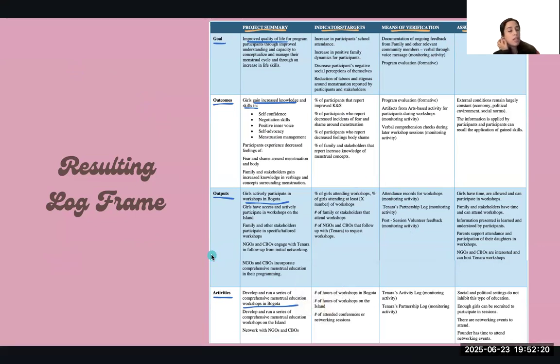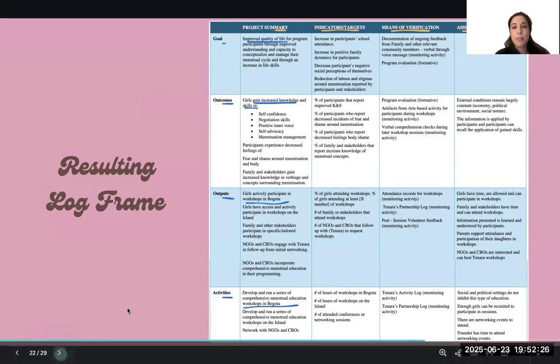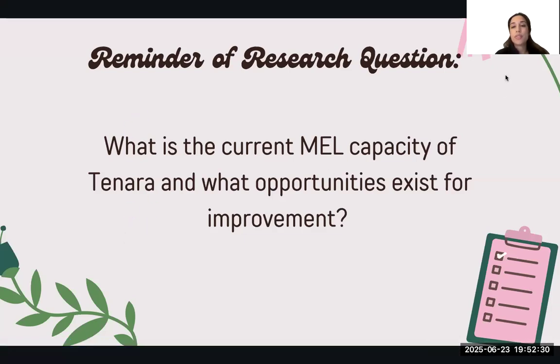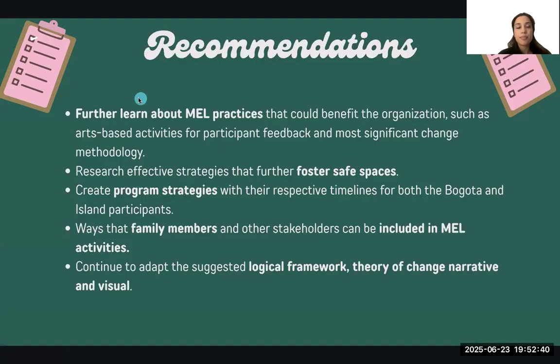It's a great way to have a plan, to put it simply. So, to remind everyone of the research question: what is the current MEL capacity of Tenara and what opportunities exist for improvement? Well, keep going back.